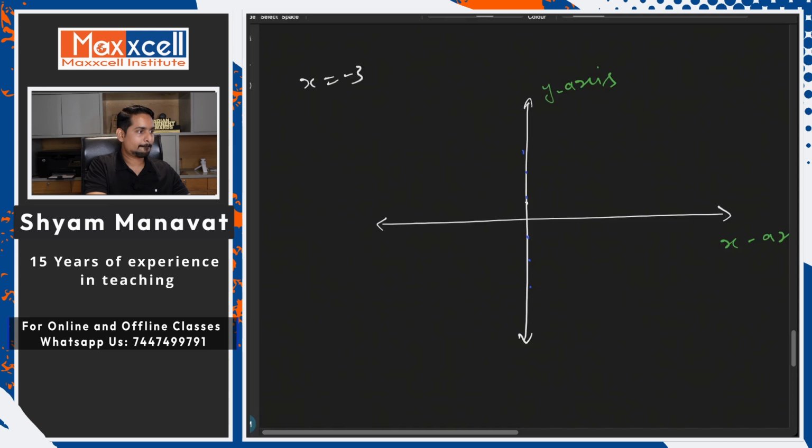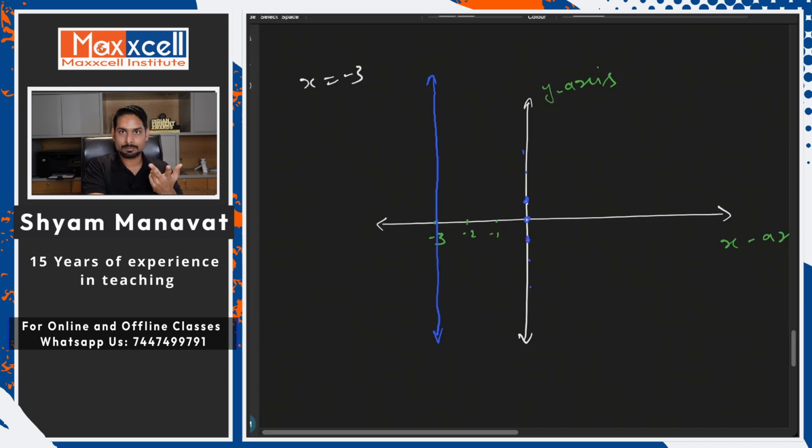You will find minus 3 on x, minus 1, minus 2, minus 3, and the line will be nothing but this. For any value of y, be it y equal to 0, y equal to 1, or y equal to minus 1, x will always be minus 3.